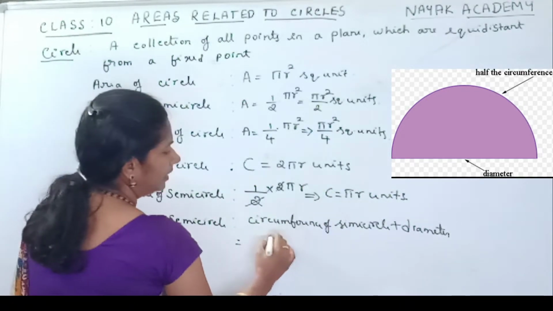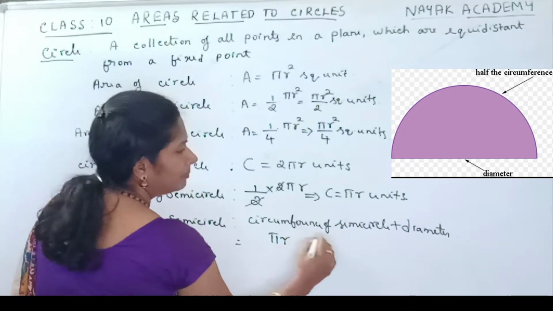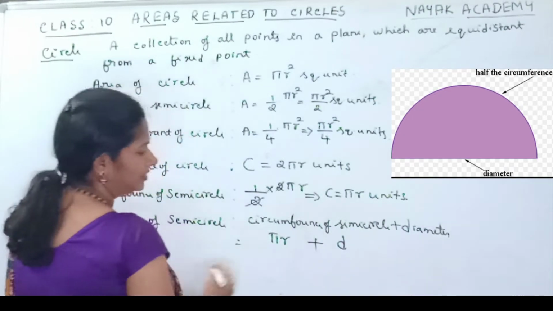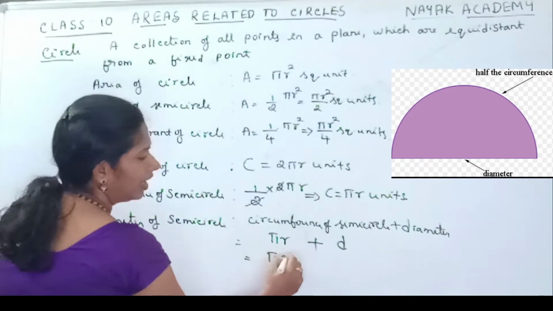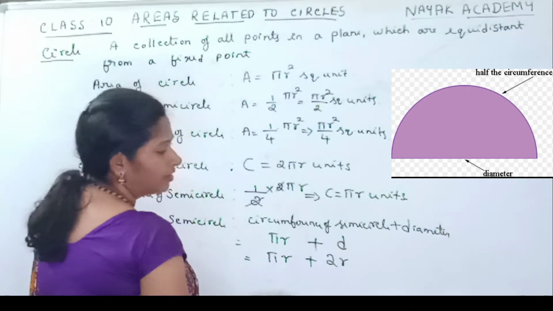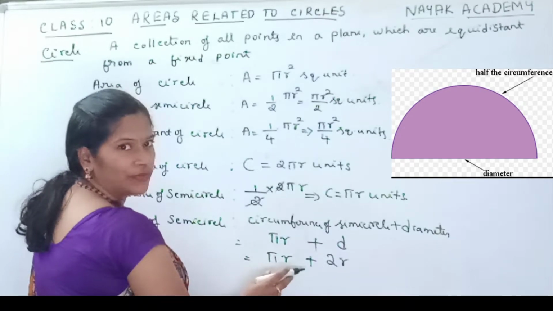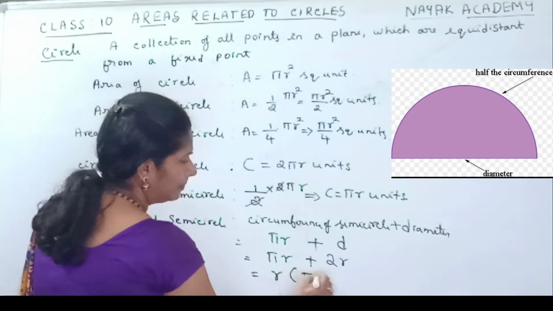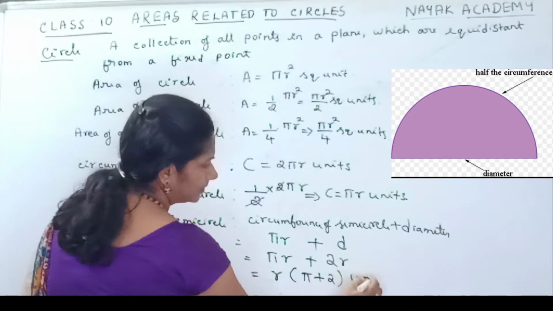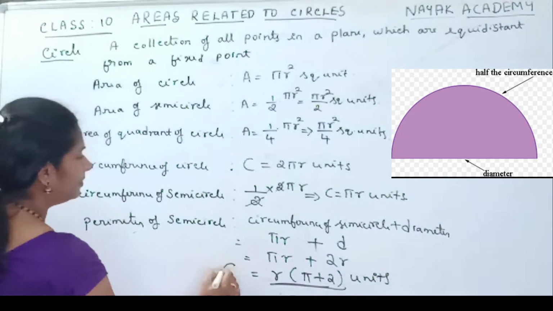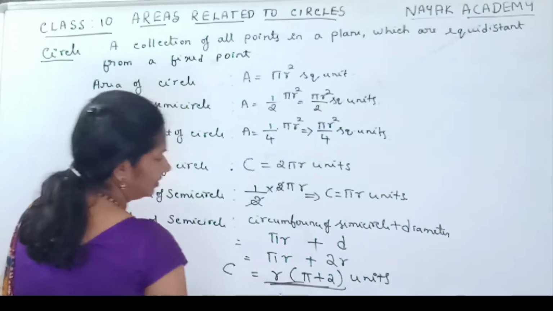Circumference of the semicircle is pi r units plus diameter. Diameter you can write as d, that implies pi r plus d. Diameter is twice the radius, or radius is half of the diameter. So now here r is common, so r times (pi plus 2) units. This is the perimeter of the semicircle.